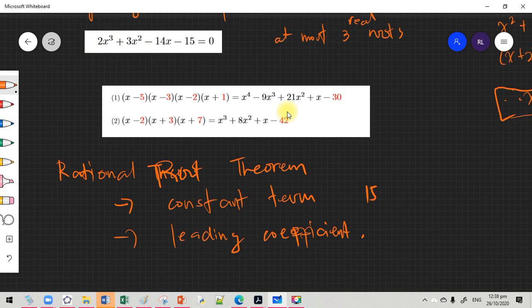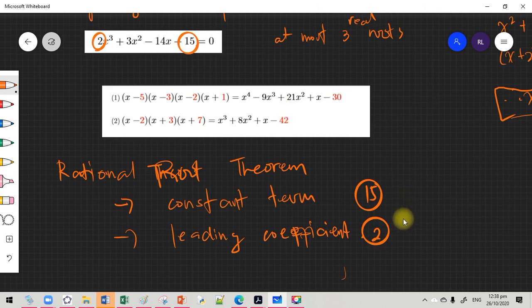I'll just take it as positive 15. Our leading coefficient is the coefficient of the leading term, the one with the highest exponent. So the leading coefficient is 2.